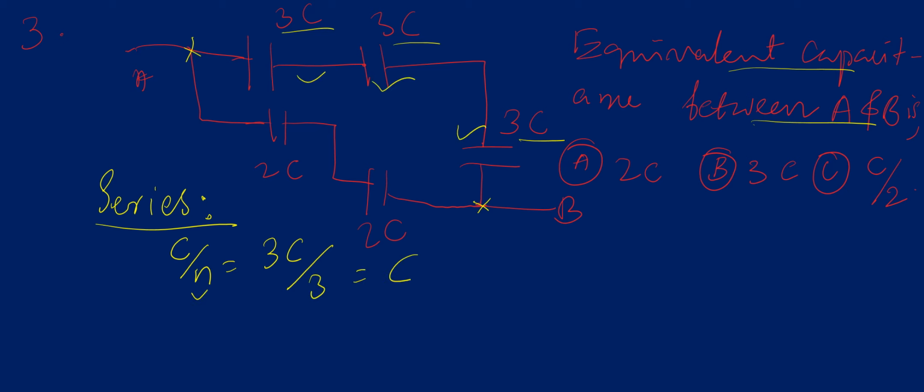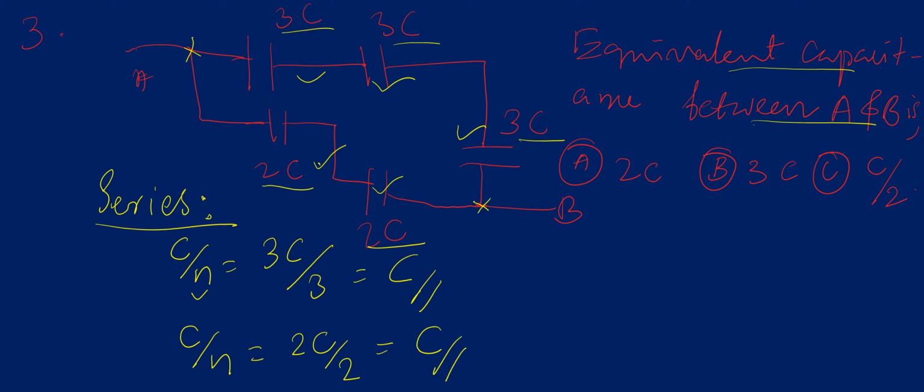So we will get C. And let us consider these 2C capacitors. They are also in series, so we can write C by N itself. Here capacitance is 2C and the number of capacitors is 2. So the effective capacitance is again C.